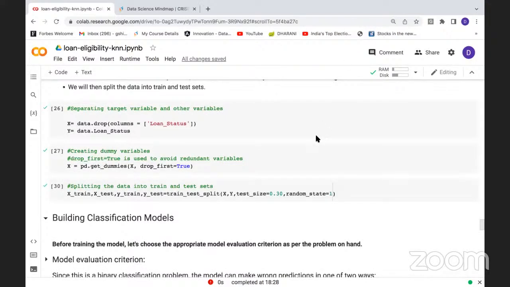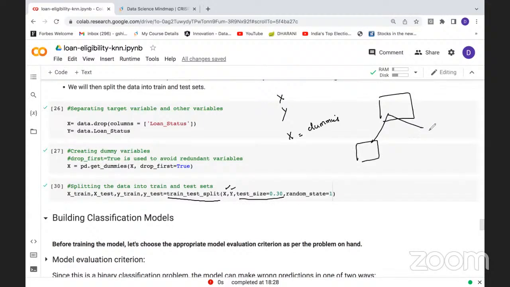Then I split my data, using train test split on x and y with a test size of 30. So this entire data set is divided like this. This is 70% of the data. This is 30% of the data.